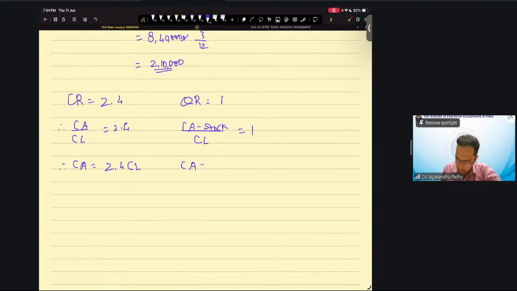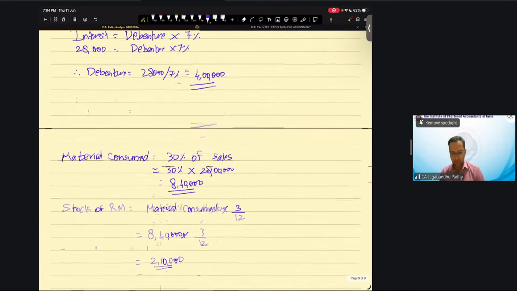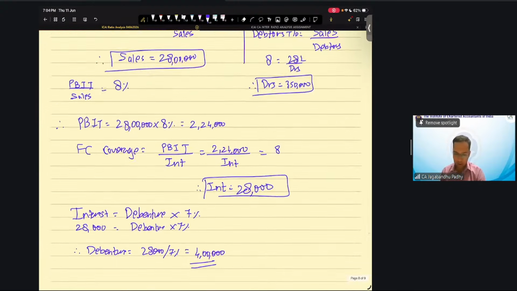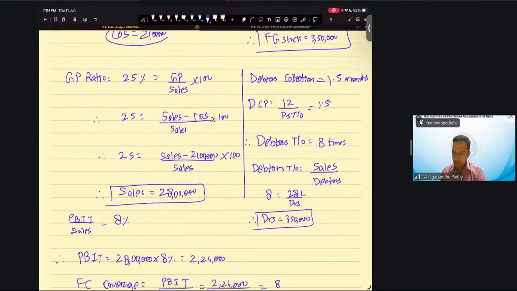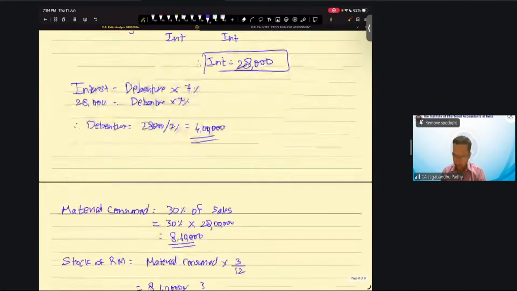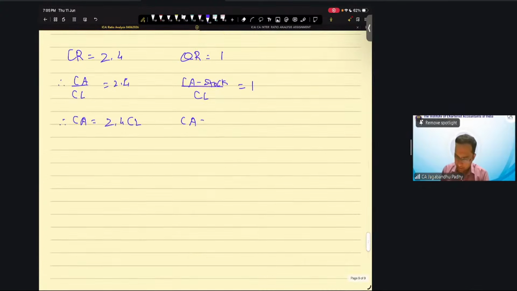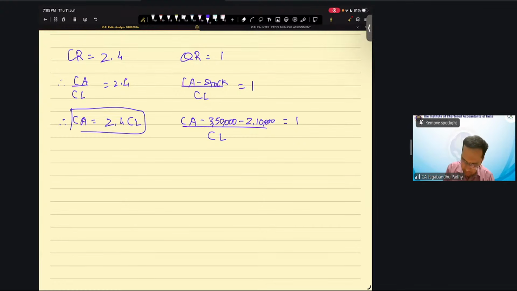And this is current asset minus stock will comprise of two things. One is stock of raw material and stock of finished goods. Stock of finished goods was 3,50,000 and stock of raw material is 2,10,000. So it is minus 3,50,000 minus 2,10,000 upon current liability is 1. Of course, this can be substituted over here.